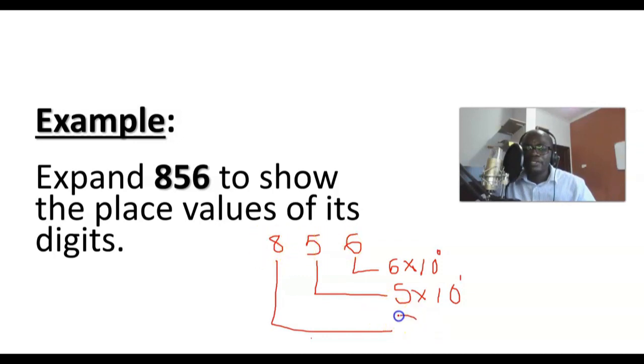So what we have is 8 times 10 to the power 2. Now, what you should notice here is 10 to the power 2 is 10 times 10, which is 100. So in other words, this is 8 times 100, which is the same as 800, right? Likewise, 10 to the power 1 is 10. So this is 5 times 10, which is 50.